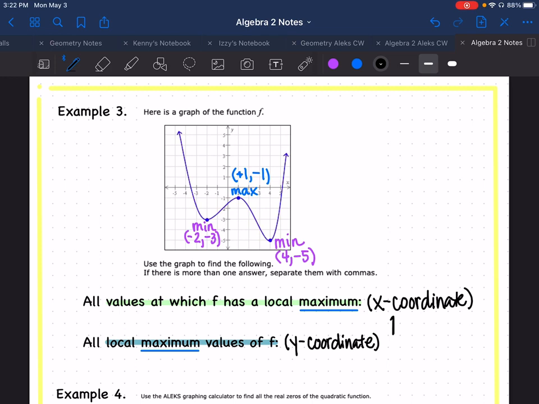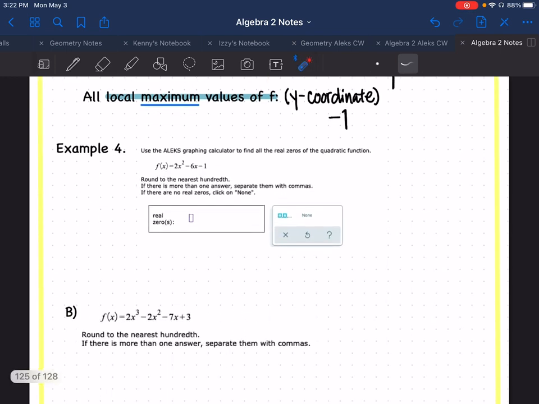Of course, the word minimum could be used as well. And this one, my answer would be -1. Make sure you pay attention to how the questions are asked when you go to do your assignment today, because they can switch these two and then it gets very confusing.